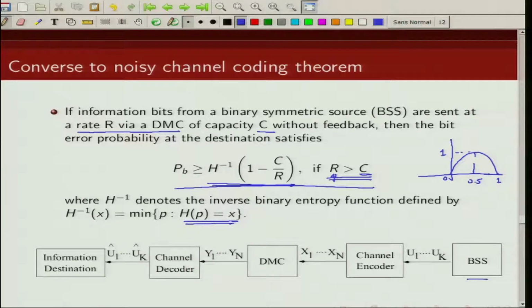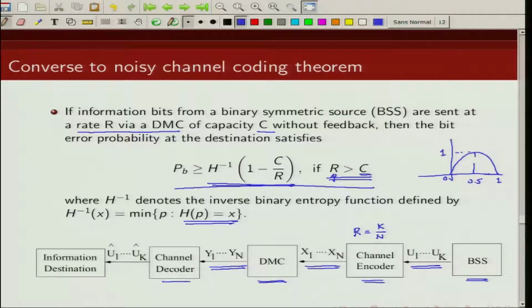So we have a binary symmetric source. The output of that are the ui's, u1, u2, u3, uk, and these bits are fed to a channel encoder that generates these code words x1, x2, x3, xn. So the rate of the code is k by n. Now these code words are sent over a discrete memoryless channel. What you receive is yi, so you receive y1, y2, y3, yn.